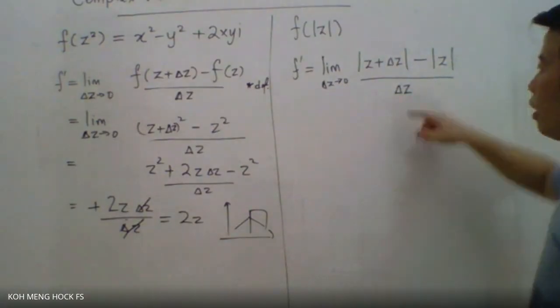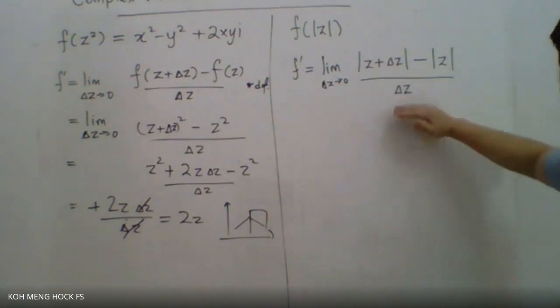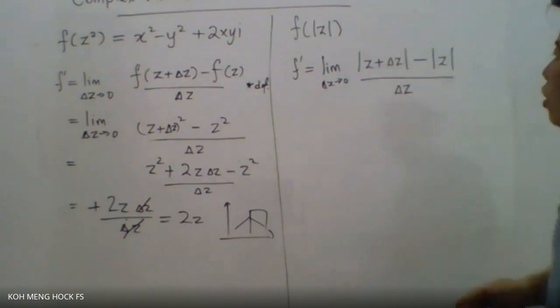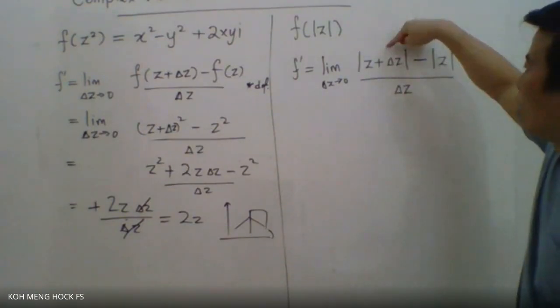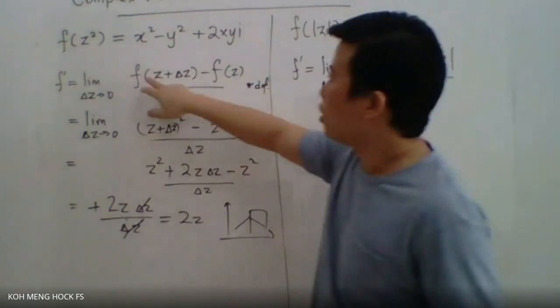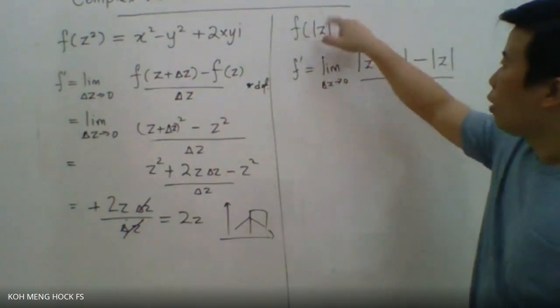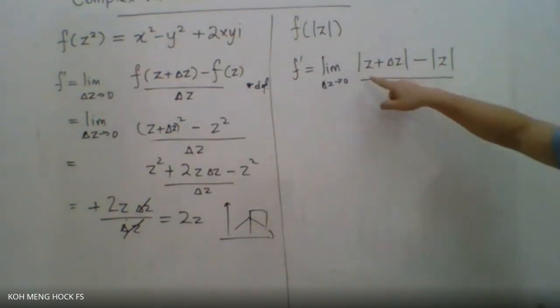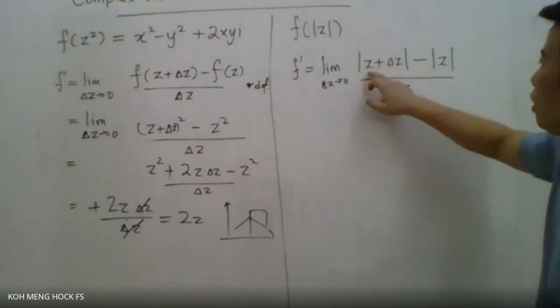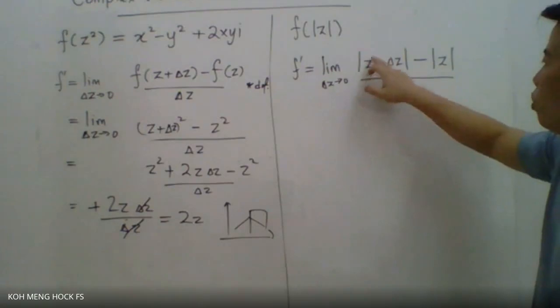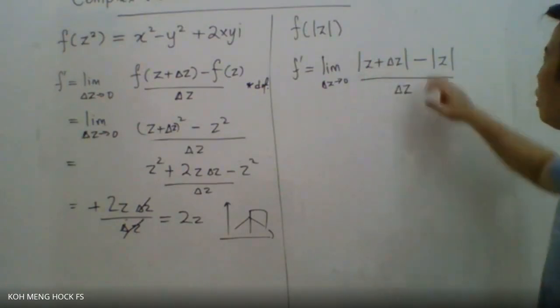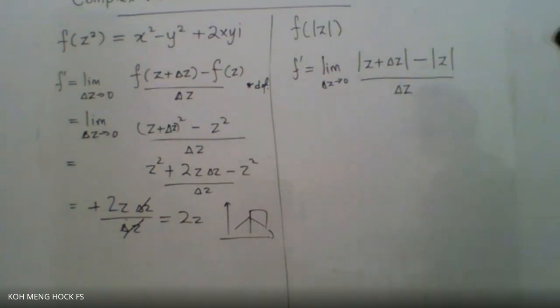The delta z at the bottom we don't disturb. We change the function over here. In this case the function was z squared, but now we are going to change the function to absolute of z. So when you put it inside, you have absolute of z plus delta z, and then here you have z, right?